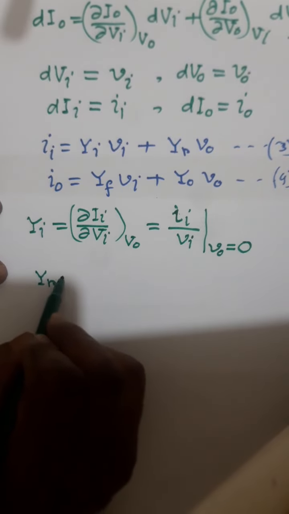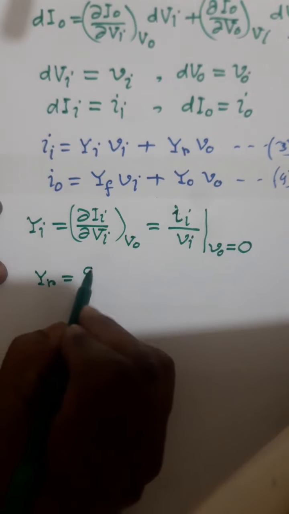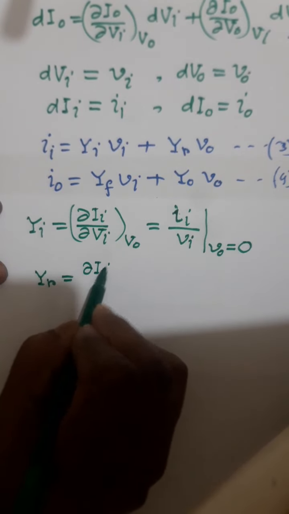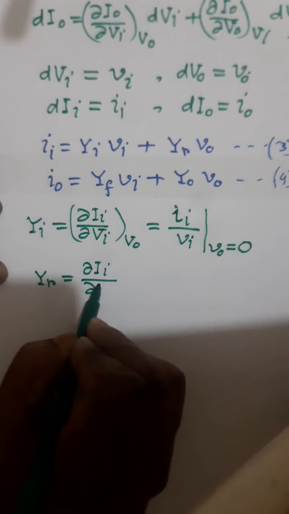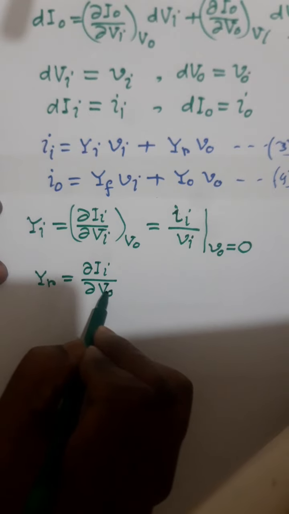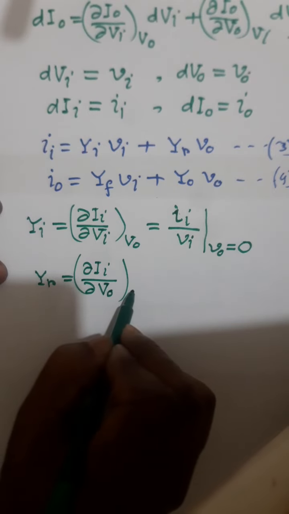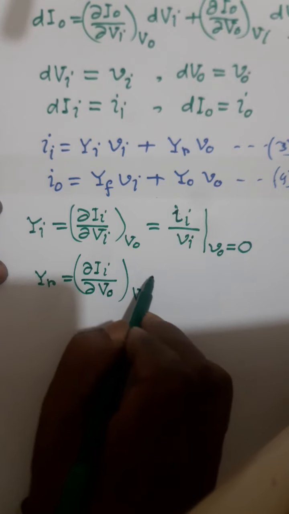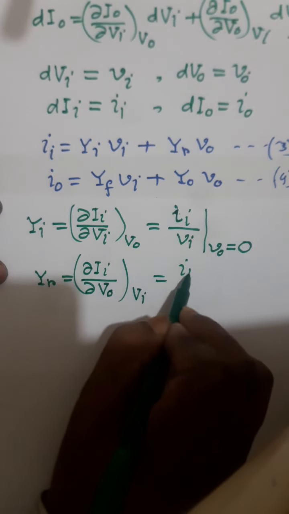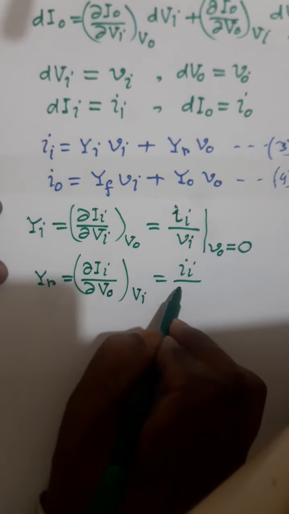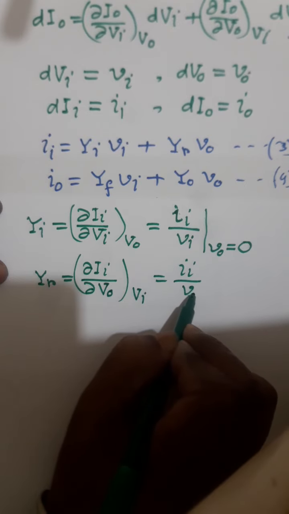Yr equals del Ii by del Vo with Vi constant, that is Ii by Vo.